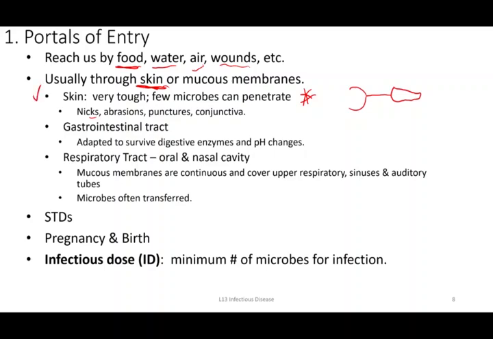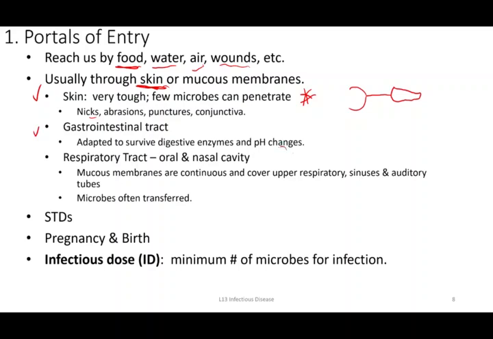So that's the skin. Obviously, I'm sure we've all suffered from gastrointestinal illness, sometimes called stomach flu, but it's gastroenteritis of some sort. That can be viral, it can be bacterial. These are just microorganisms that we have ingested through food or beverages. The gastrointestinal tract has a certain order that things are going to pass through, and the stomach is pretty early on.